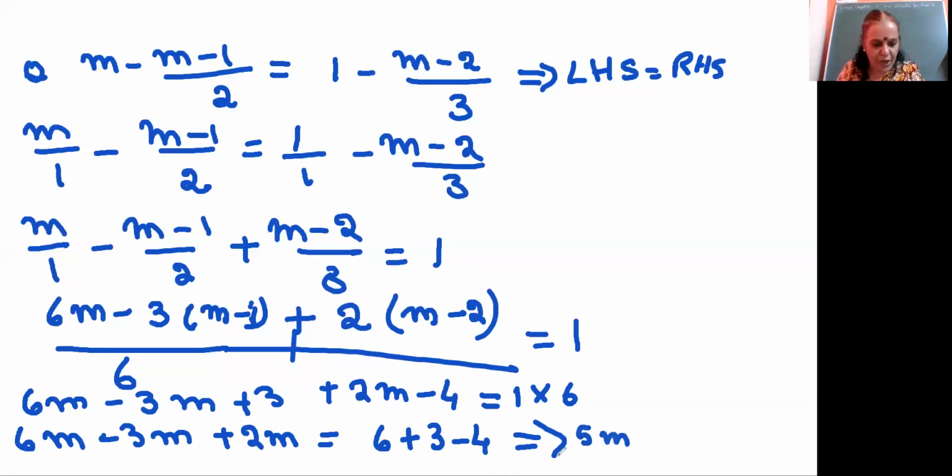6m minus 3m plus 2m, that is 6m minus 3m is 3m, 3m plus 2m is 5m, and in the right hand side it is 6 minus, plus 3 will become minus 3, and minus 4 has become plus 4.